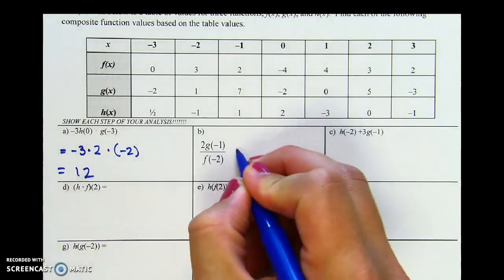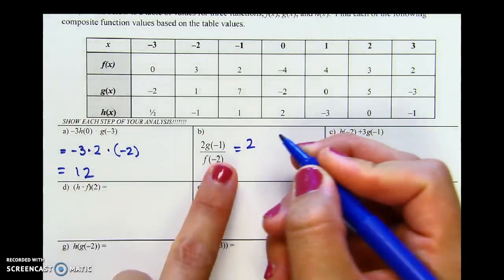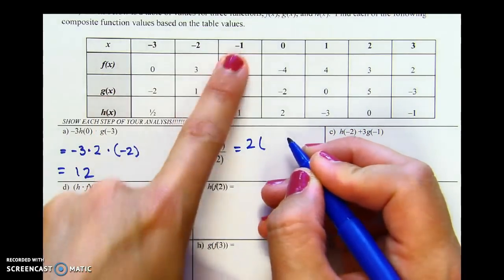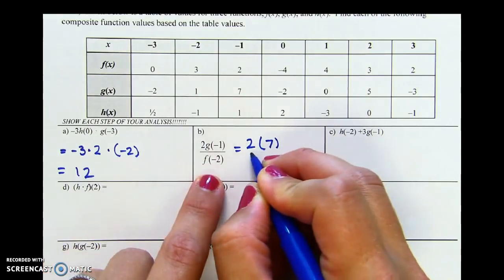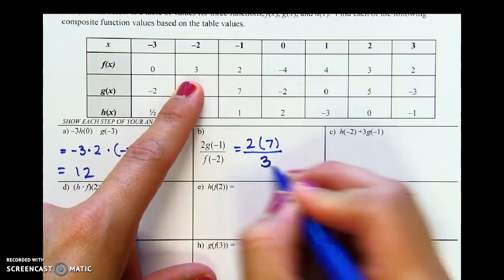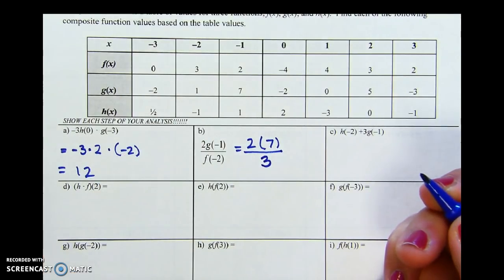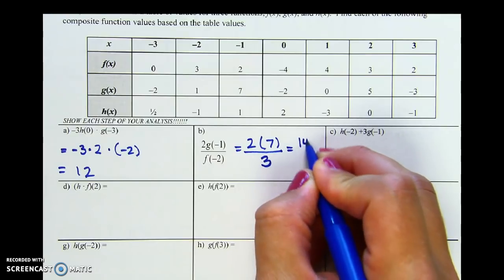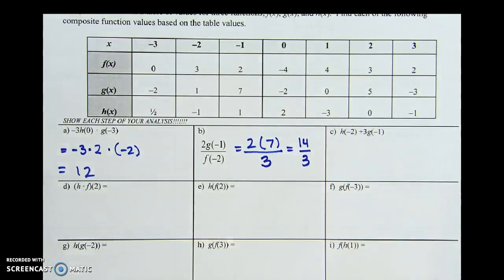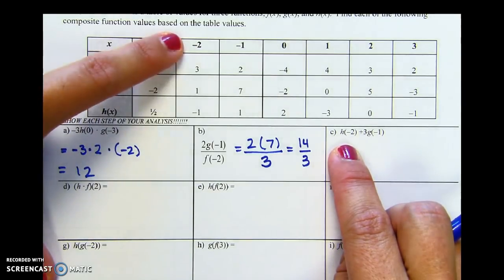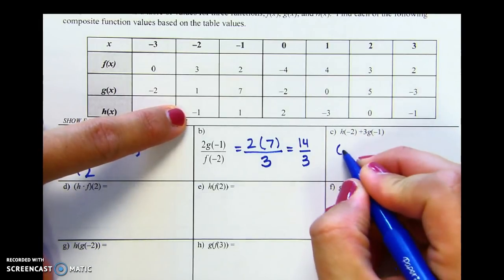Let's do it. 2 times g of -1, which is 7, all over f of -2, which is 3. So 14 over 3. We'll leave it like that. Oops, I didn't finish. H of -2 is -1.